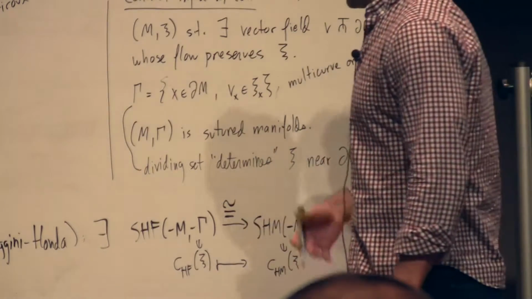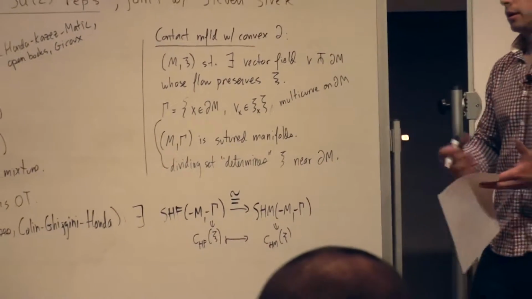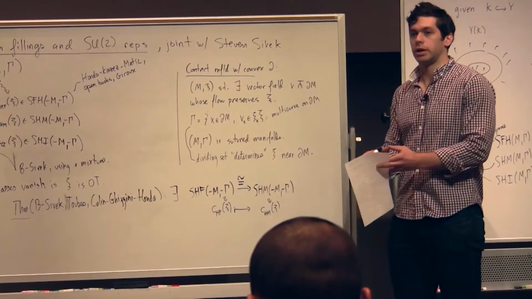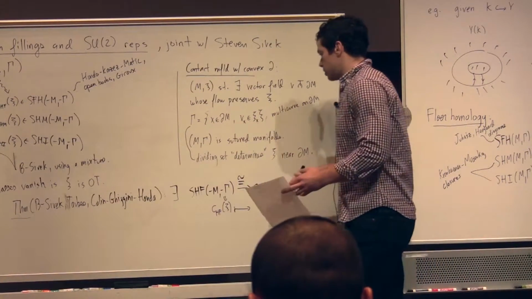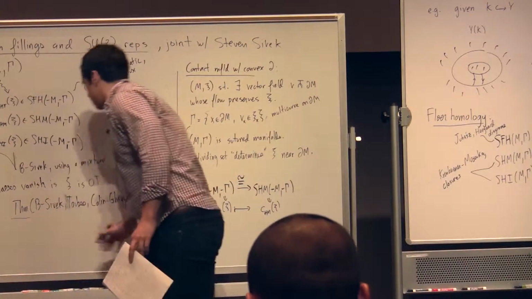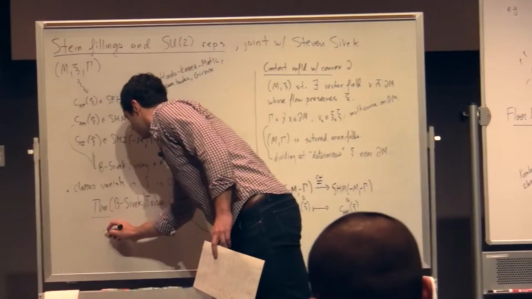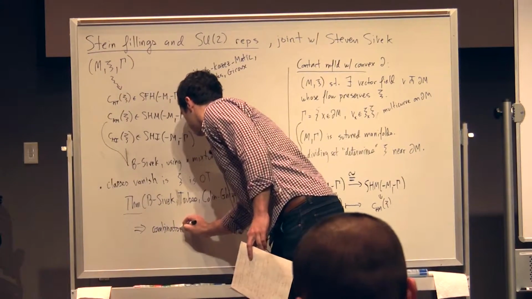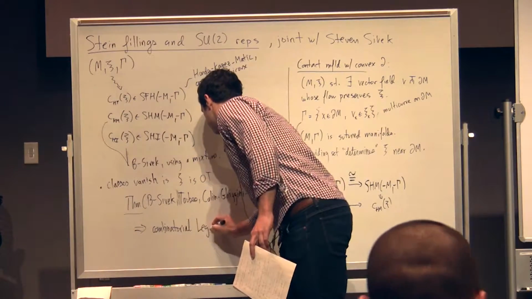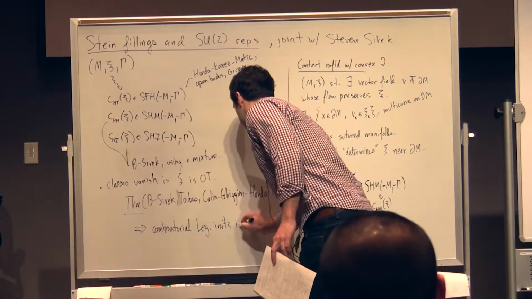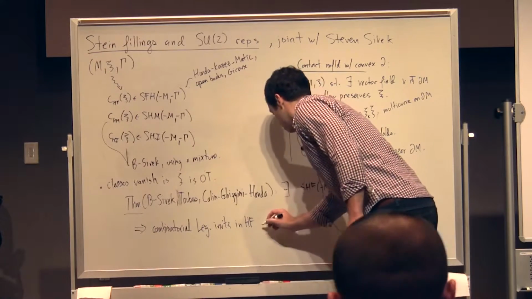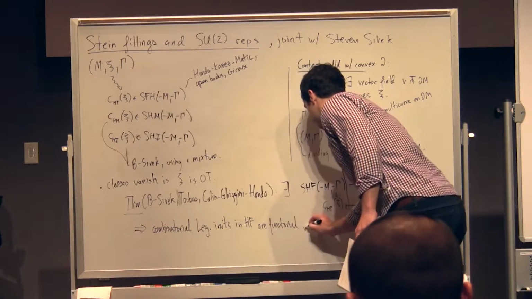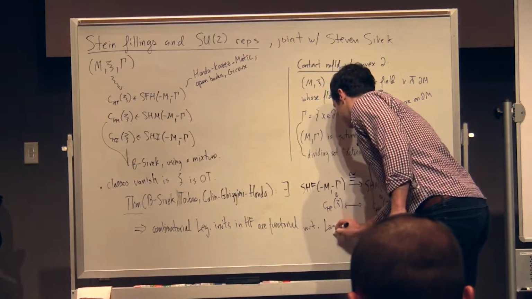And so on the Heegaard Floer side, there are these combinatorially computable invariants of Legendrian knots. And what we can do is we can use this isomorphism and properties of the monopole Floer invariant to show that these combinatorial Legendrian invariants in HF are functorial with respect to Lagrangian concordance between Legendrian knots.